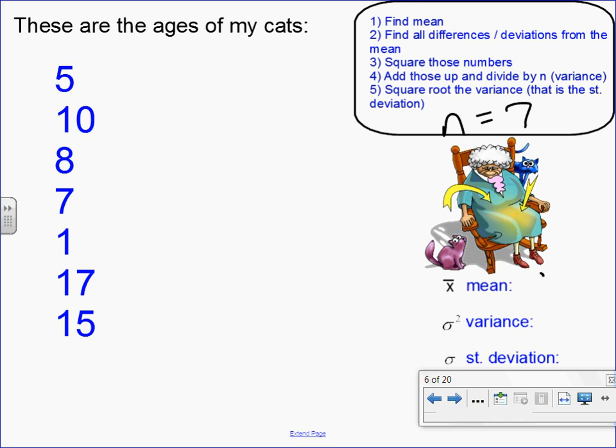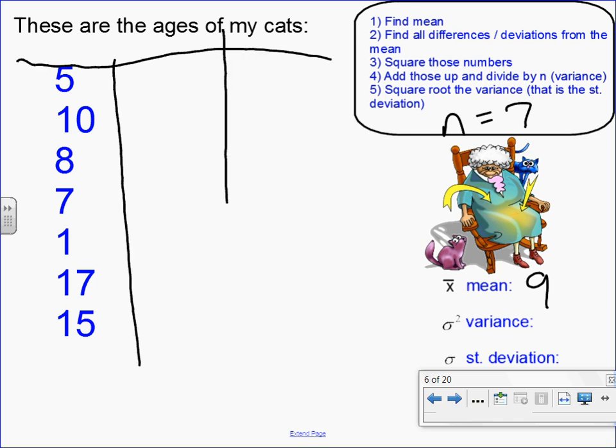My average, or my mean, for my ages of my cats is 9. So if you remember right, we're going to make ourselves 2 columns. This column will be the difference from the mean to the age of the individual cats, and this one would be the square of the difference.